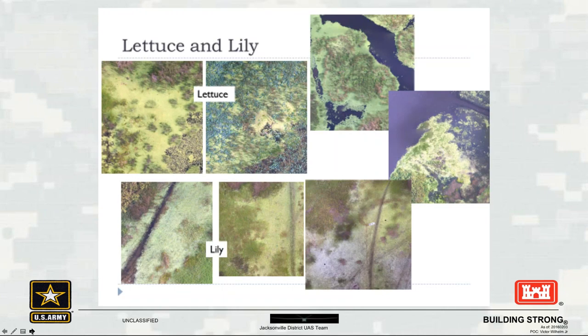So one of the things that was tough there is distinguishing between water lettuce, which is an invasive species, and water lily, one of the nymphaeas, because depending on where they were growing within that marsh, the pixel colors were very much the same, as you can see in that slide.